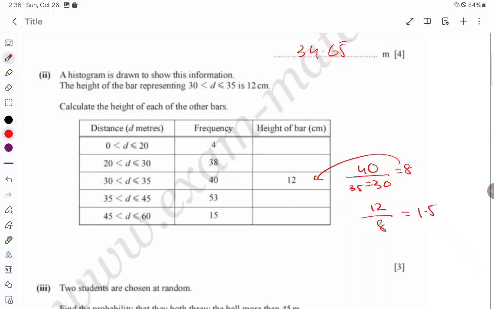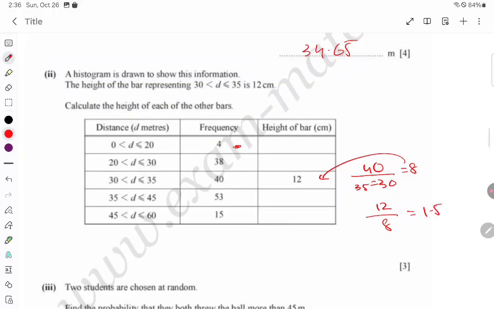So you have to calculate each height, and then we have to multiply each column height by 1.5.